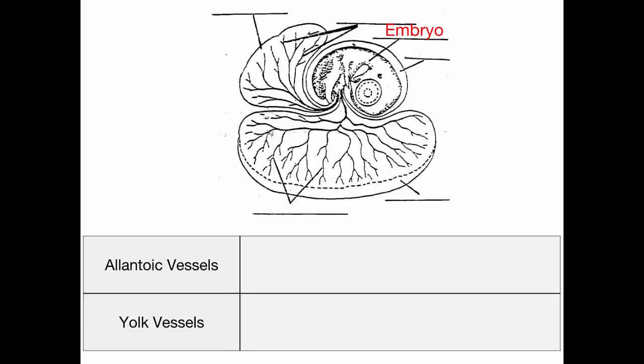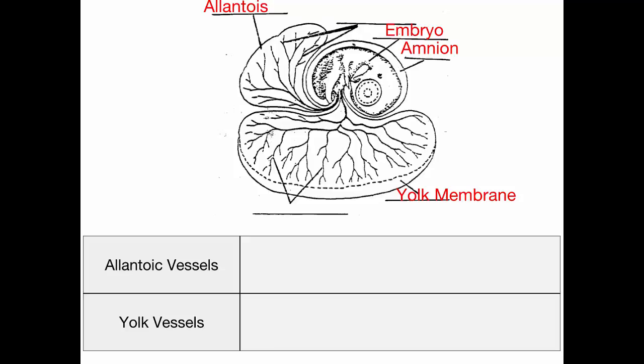There we have the embryo, surrounded by that amnion. You have the yolk here, and the allantois up here.